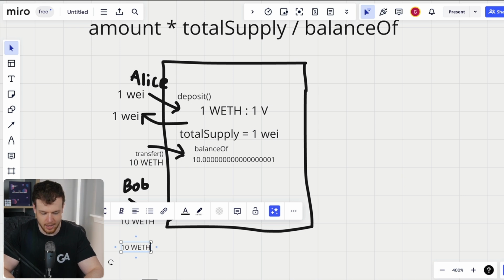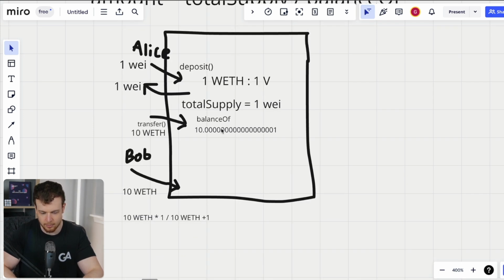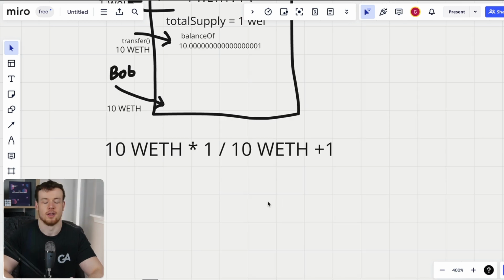So let's walk through it. We've got 10 wrapped ether times the total supply, which remember is one wei, so literally times 1 with no zeros after it, divided by 10 wrapped ether plus a singular wei. So I'm going to do 10 wrapped ether plus 1, and that will basically just represent this right here. And so, of course, what does this equal in Solidity?